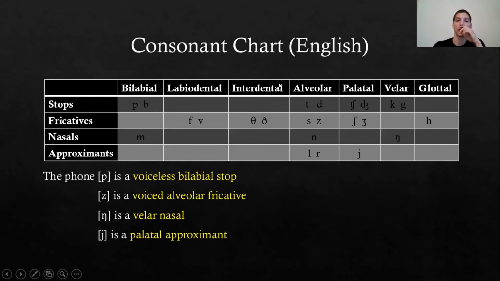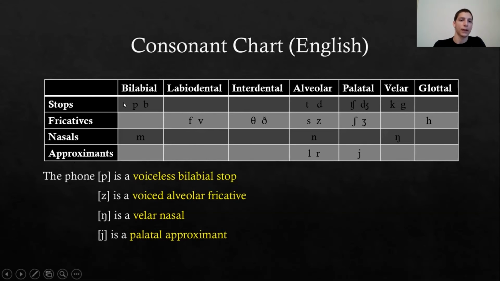These are columns, right? The columns identify all the different places of articulation that you can have. So everything in this column is a bilabial sound, right? So P, B, and M. In the labiodental column, these are all labiodental sounds. So these are places of articulation across the top. And then here on the side, going from top to bottom, are the different manners of articulation.